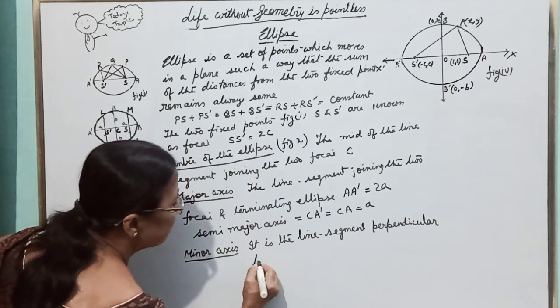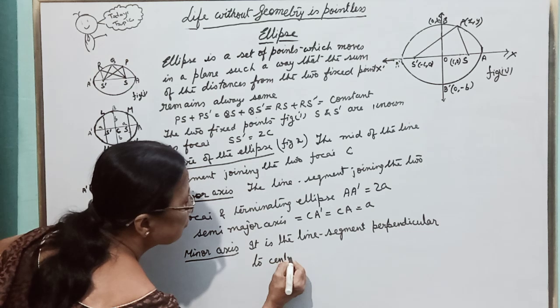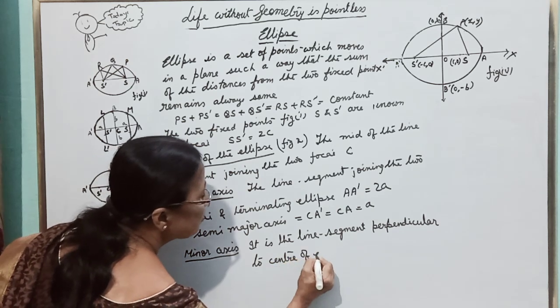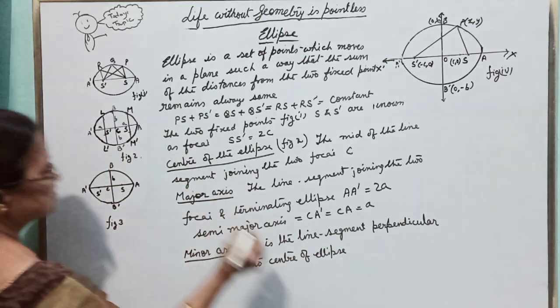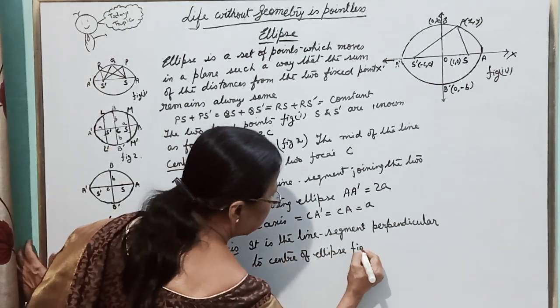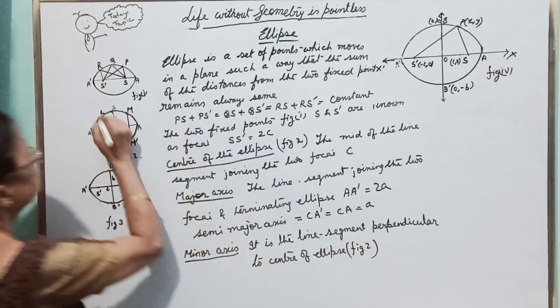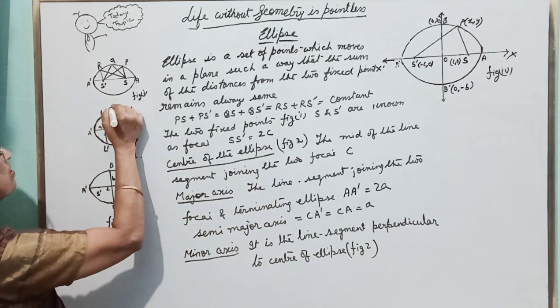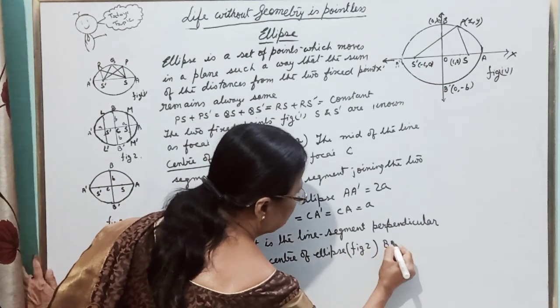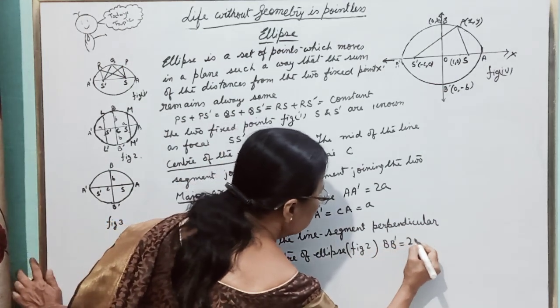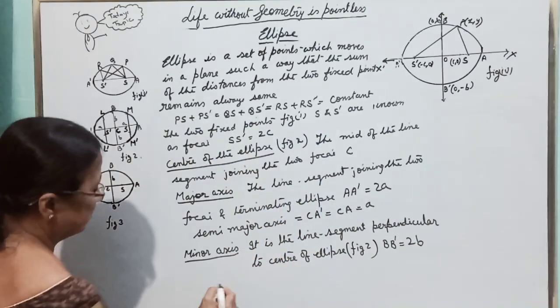In figure 2, you just see, this is B dash. And BB dash is normally 2B.